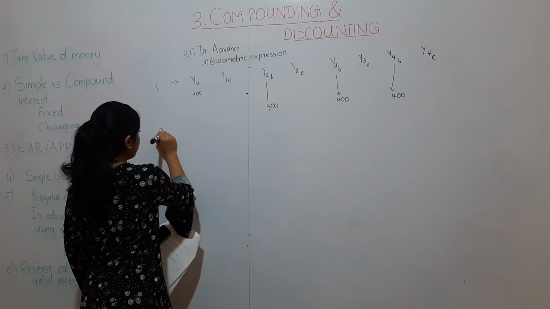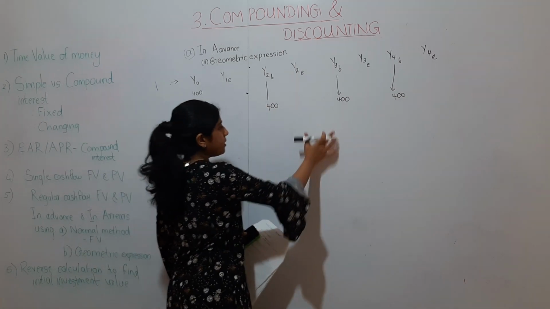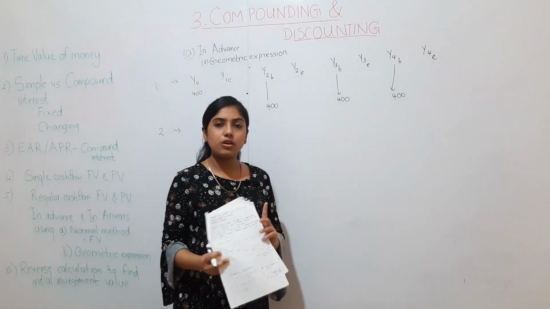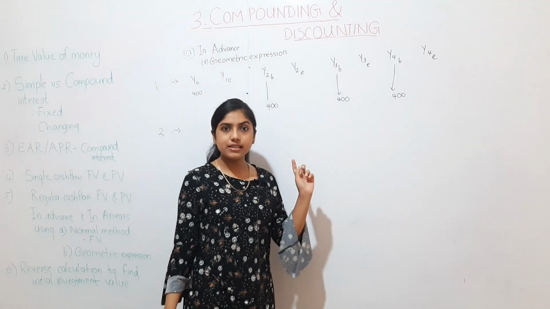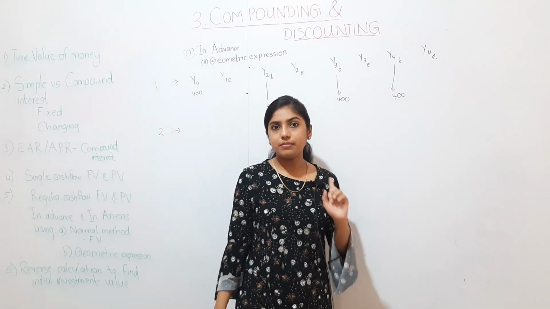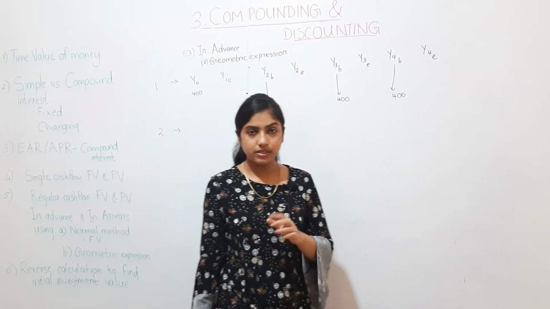Then step 2 would be, but this diagram limited up to here. The purpose is to find how long your investment period will be. In this case, it is for 4 years.